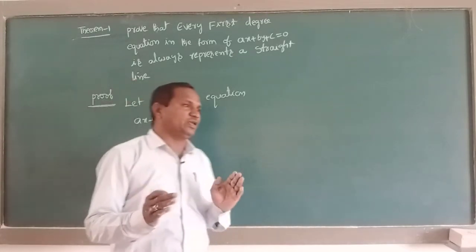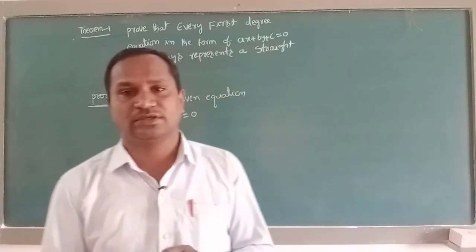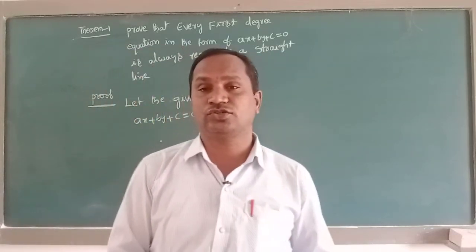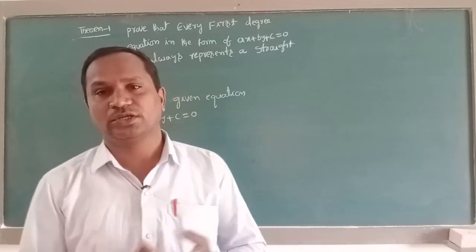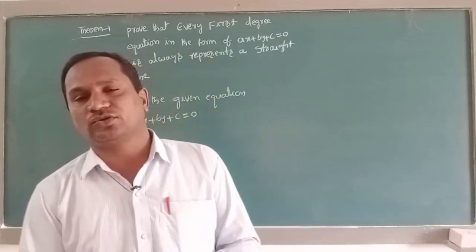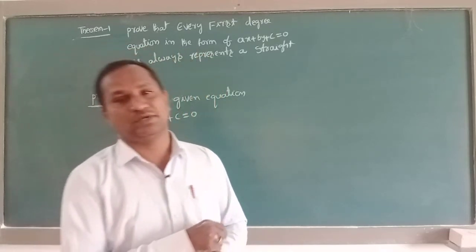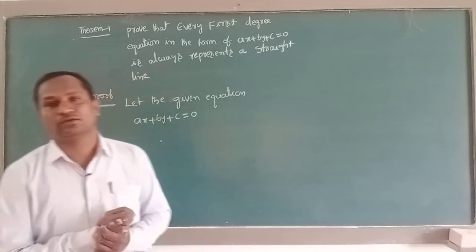I am going to give a proof for this theorem in 3 cases. Case 1: a is equal to 0, b is not equal to 0. Case 2: a is not equal to 0, b is equal to 0. Case 3: both are not equal to 0. How we are getting all these, today we will discuss.